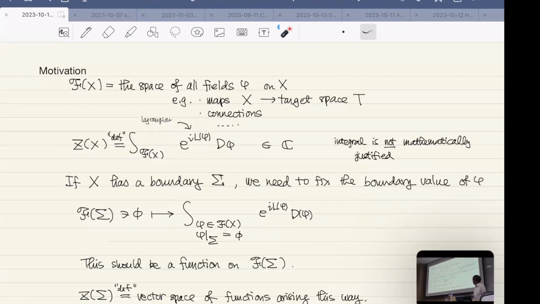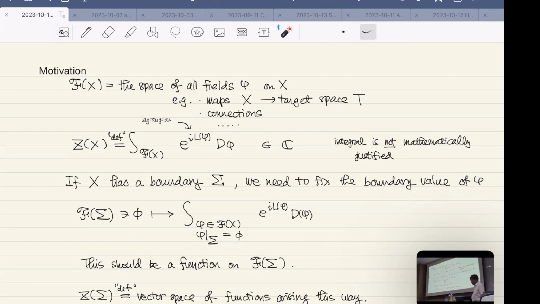So if the field is a map from X to the target space, and X has a boundary, then you first fix the boundary value of phi.